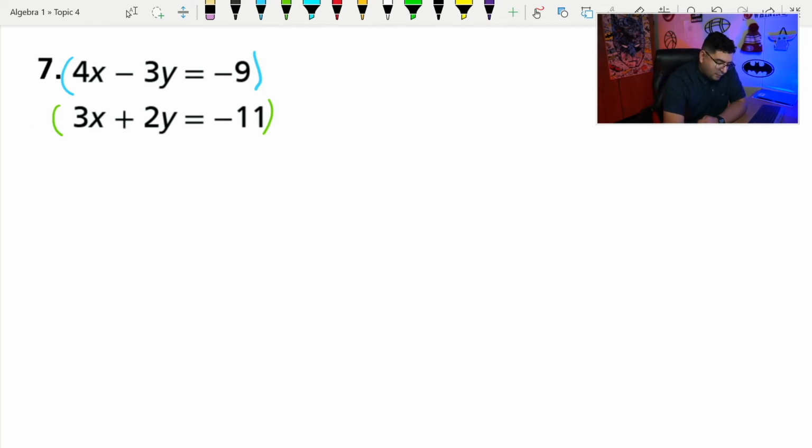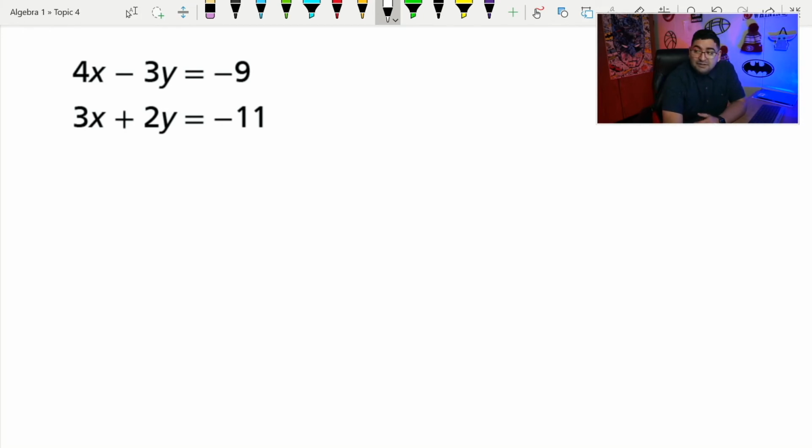If I want to cancel out the y's, however, I have to do a little bit less work simply because the y's already have opposite signs. I have one negative y and one positive y. So I don't need to multiply by any negatives like I would have to if I'm trying to cancel out the x's.